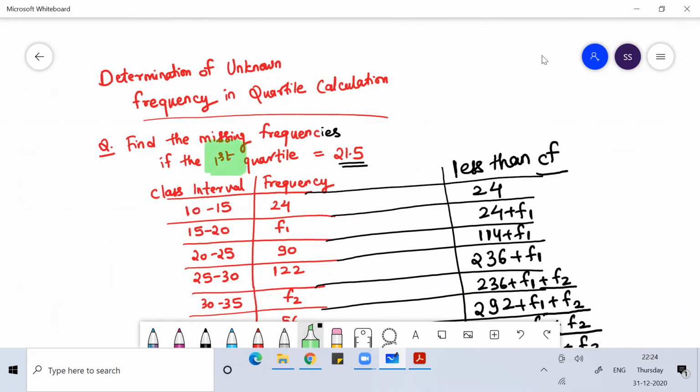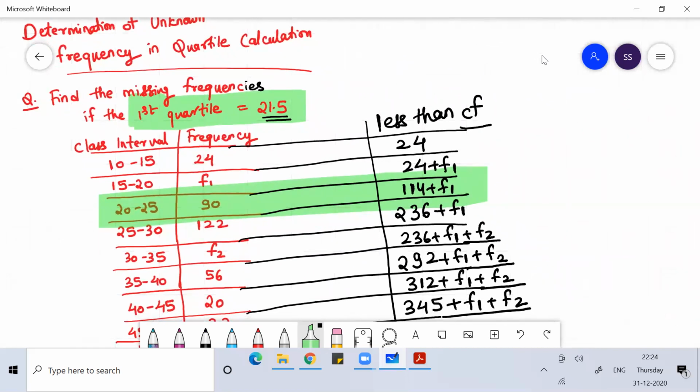Like here, the first quartile is given to you as 21.5. With that you have to find the selected class interval. So if the first quartile is 21.5, your selected class interval should be 20 to 25. That gives you the selected class interval.